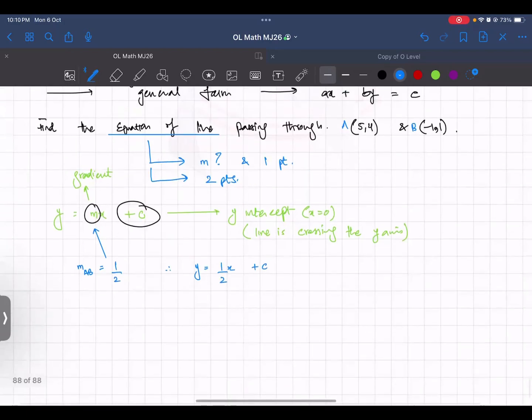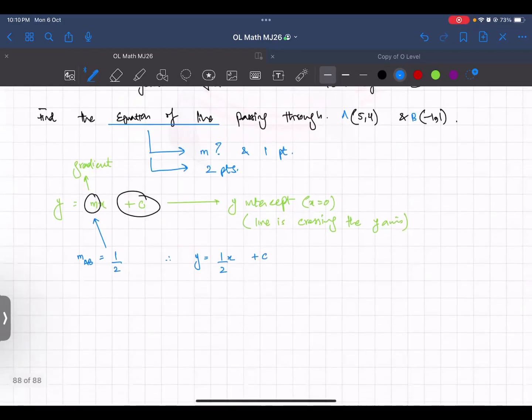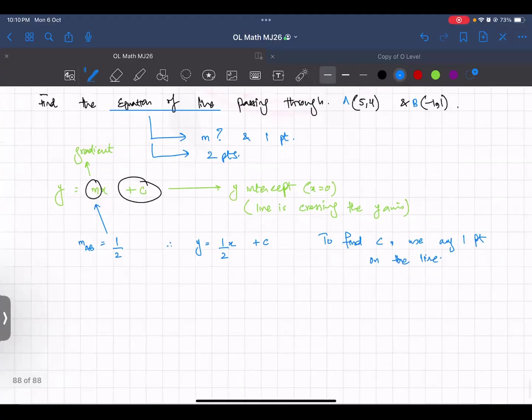And now to find the value of c, you need to substitute any one of the points which they have given you. You have 2 points, 5, 4 and minus 1, 1. You can use any of them. You will get the same answer for the value of c.